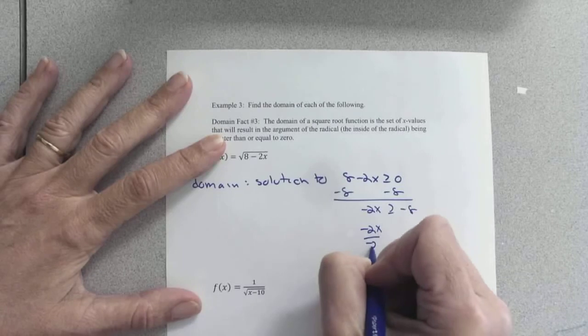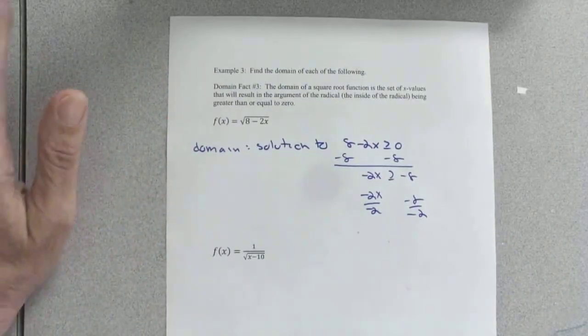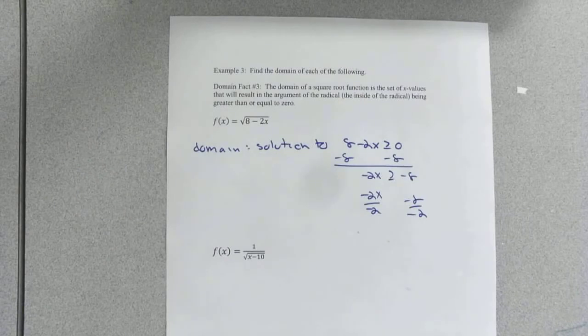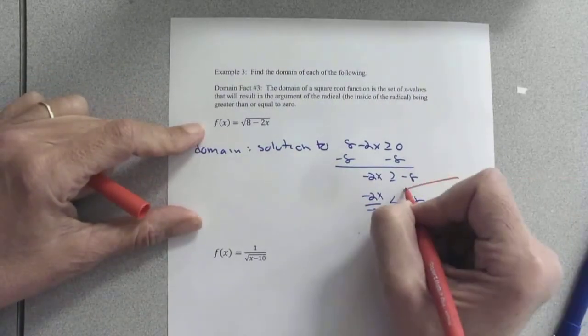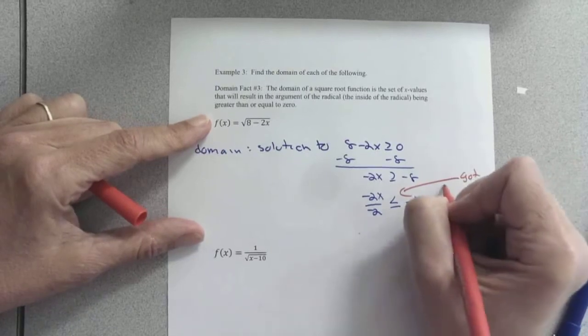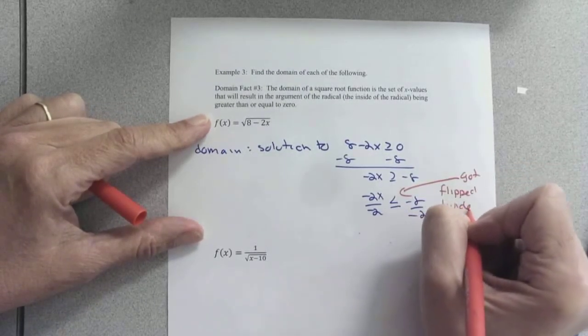And then one of the things we really wanted to talk about in this problem, and if I had a classroom full of students here, which you don't, I'd say, okay, we just divided both sides by negative. What do we have to do? And someone would tell me, flip the inequality. Got flipped. Divided by a negative.